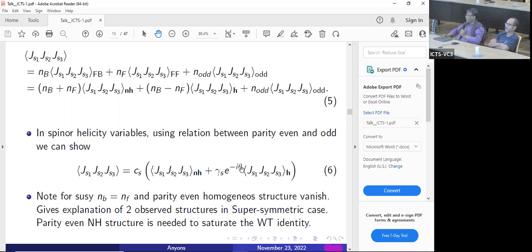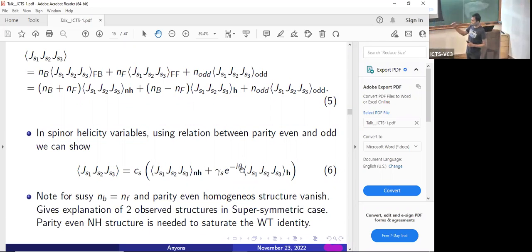Here you're off shell, right? Yeah. So the way it is done is that this was introduced in the context of cosmology by Maldacena and Pimentel. What you do is you take massless 4-dimensional usual spinor-helicity, but in de Sitter you introduce one time-like vector that relates this lambda and lambda tilde. And then what you get is a 3-dimensional off-shell spinor-helicity, and that is suitable for analyzing the CFT.